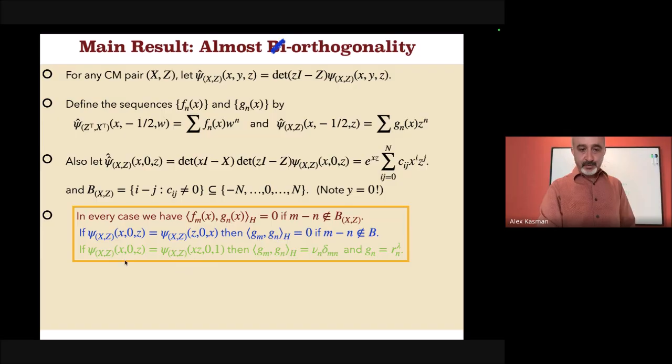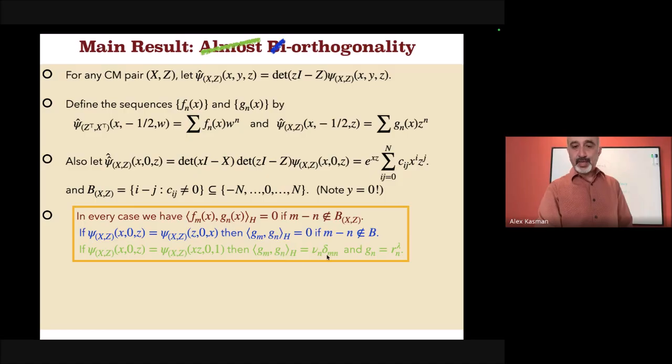And if the wave function is not only symmetric, but actually depends just on the product xz, so as a function of x and z it's really just a function of x times z, then the almost goes away, and there's actual orthogonality.